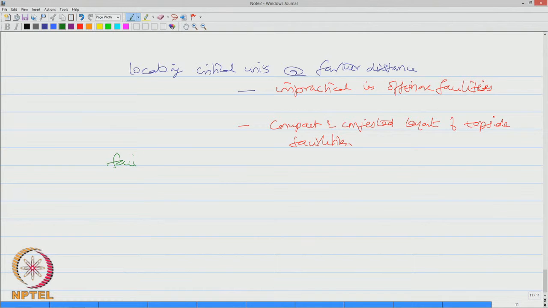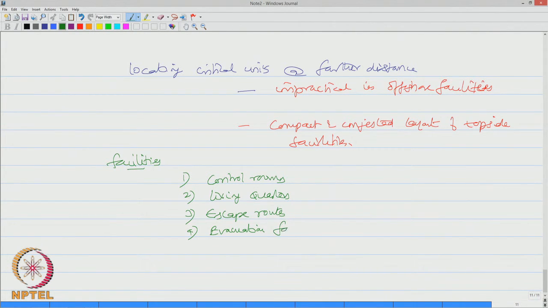So, the facilities which are important to be covered are the following: control rooms, living quarters, escape routes, evacuation facilities, critical support structures.